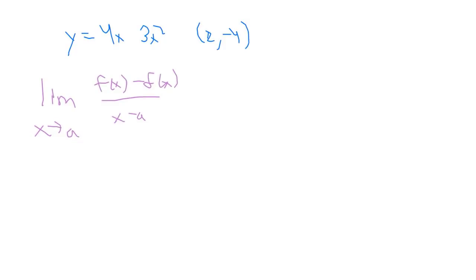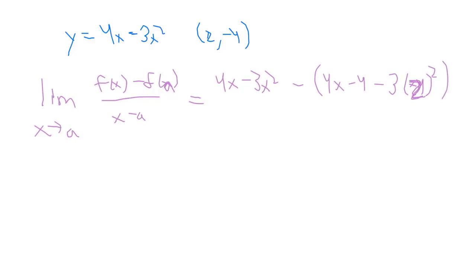And that's equal to f of x, which is 4x minus 3x squared, minus f of a, which is 4 times 2 minus 3 times 2 squared.